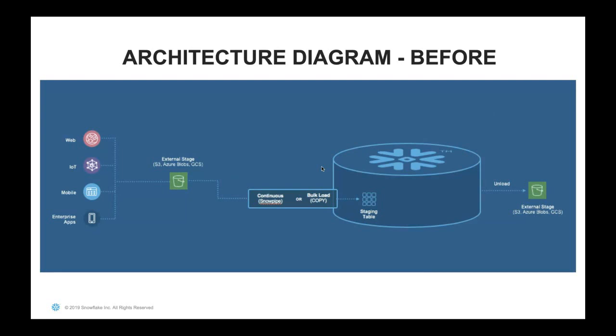So if you're familiar with Snowflake architecture, then you would be aware that in Snowflake you could load data using simple copy commands for bulk data loading, or Snowpipe already has a REST API interface, so that could be called to load data from any blob storage such as S3, Azure Blob, or Google Cloud Storage into Snowflake.